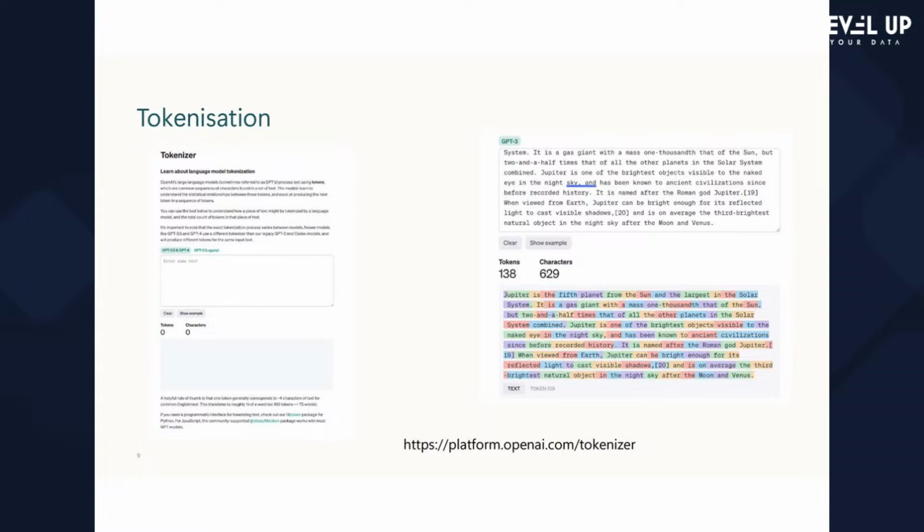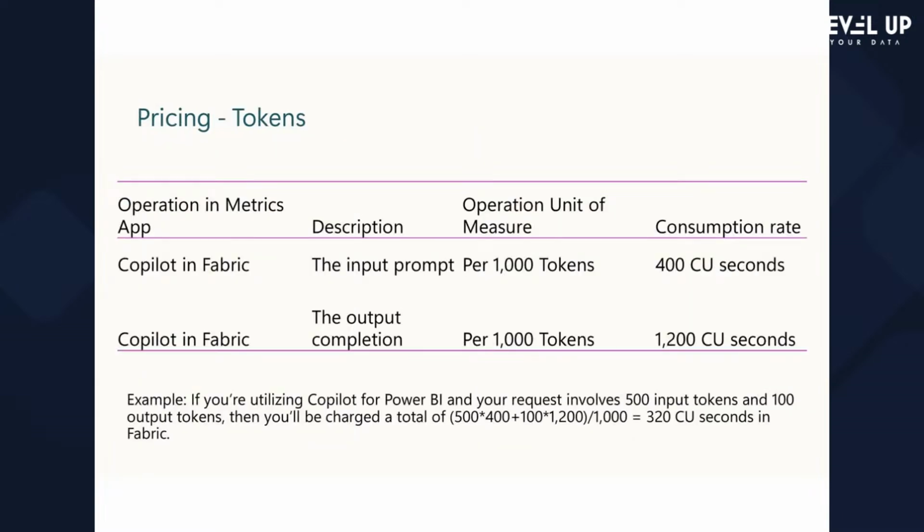Remember, as part of getting a Fabric capacity, you are given a specific number of capacity units. And the way that you're going to use those capacity units in Microsoft Fabric for Copilot is through tokens, essentially. So when you're looking at the input tokens and the output completion tokens, you can see here that the input tokens will consume fewer capacity units per second than the output tokens.